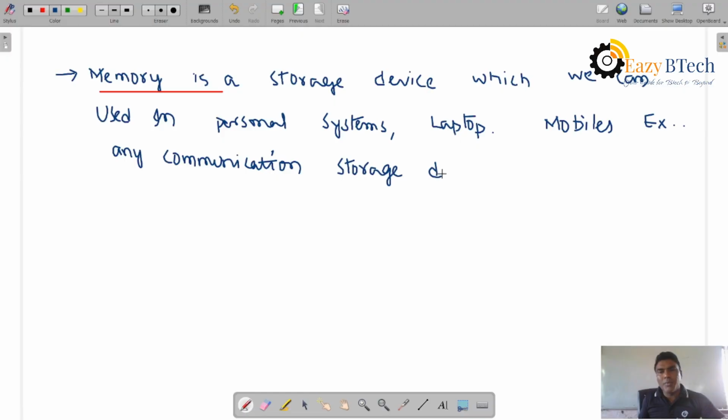There you can use memory. Okay, right. Let us see the memory classifications.